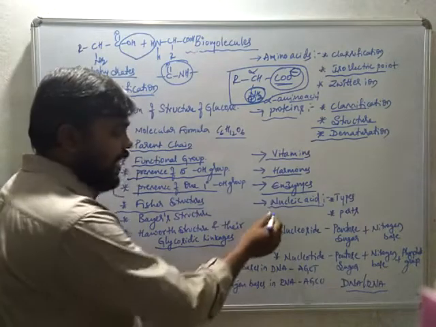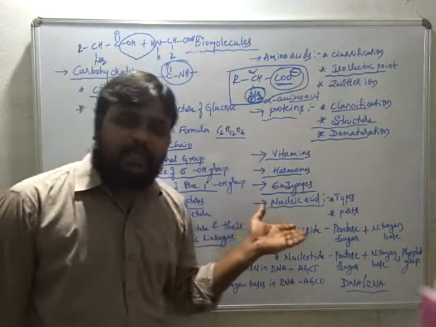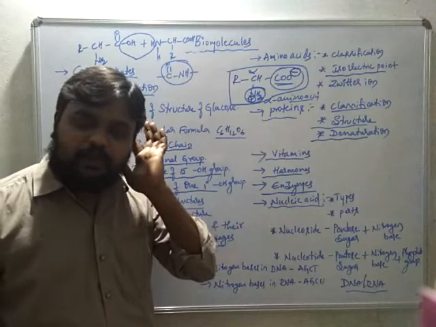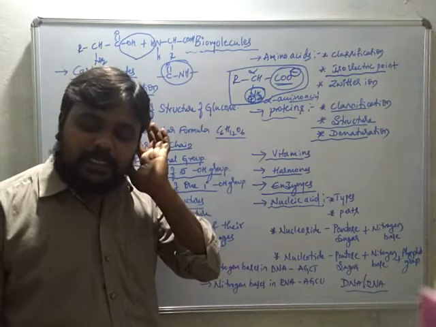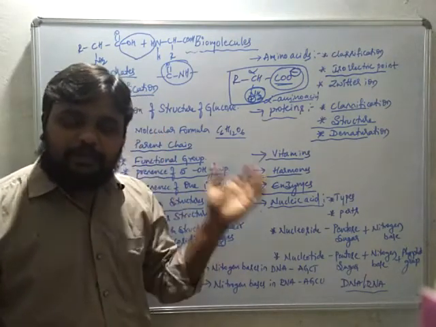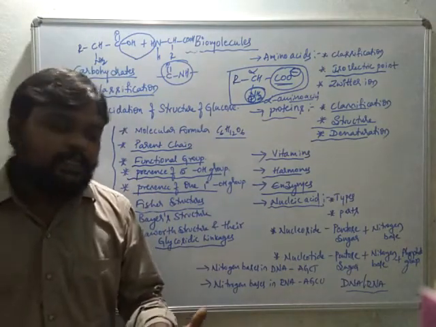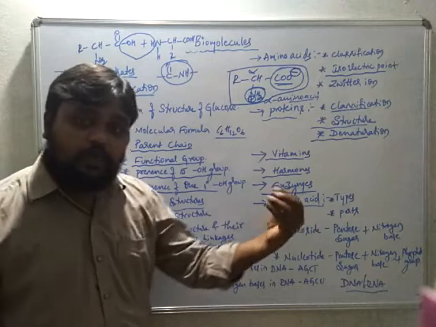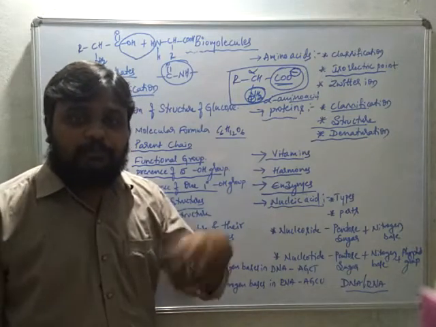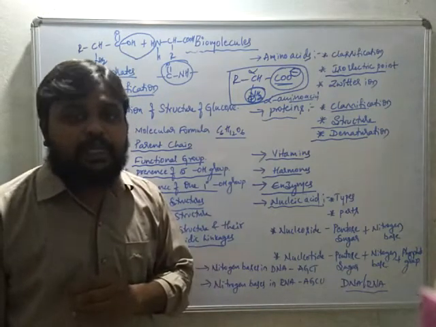Next is nucleic acids. I think you are familiar with nucleic acids from biology, in the genetics chapter. Here we have DNA and RNA. What are nucleic acids? They are present in the chromosome; the protein part of the chromosome is nothing but nucleic acids.